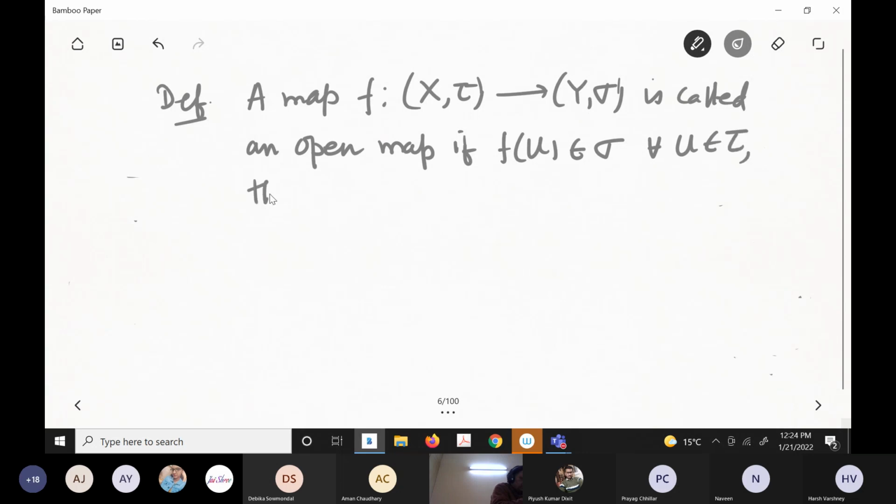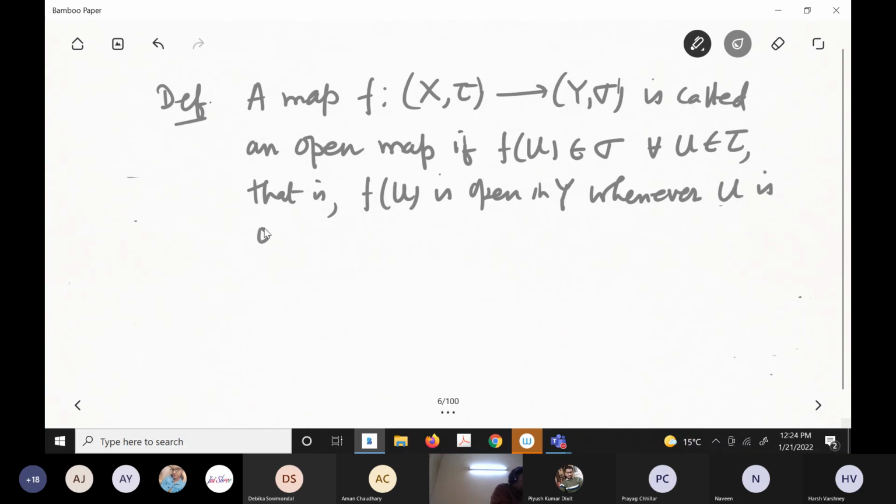That is, F(U) is open in Y whenever U is open in X. That means it belongs to this. This is called an open map. Okay.